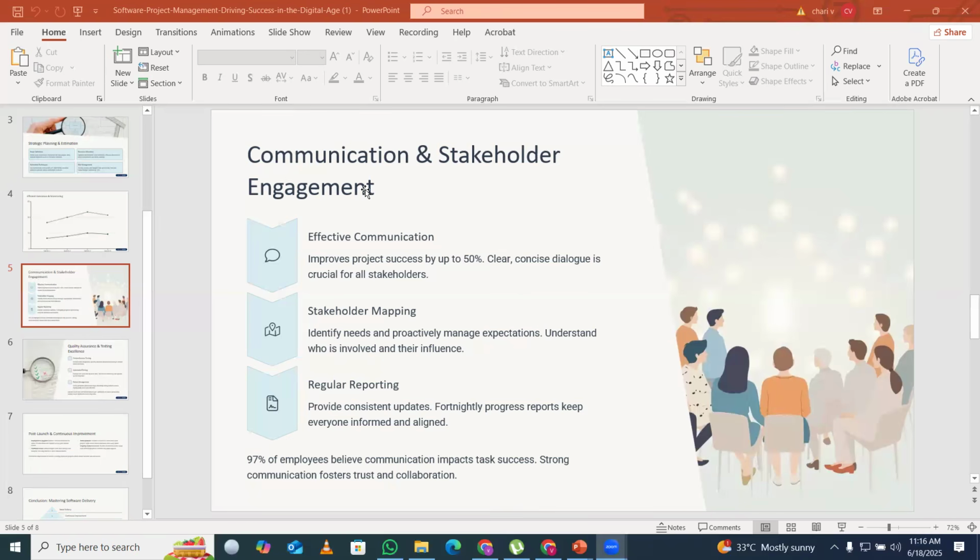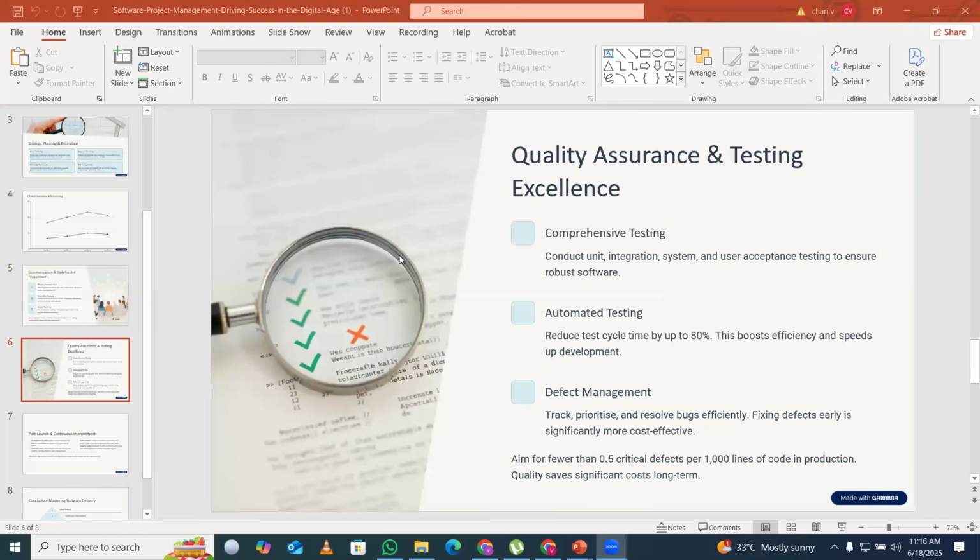And we have regular reporting, like the updates you're going to do day by day and the things you're going to perform. We need to have a clear report of the things, which may not lead to the failure of the project. These are the things that we are going to have in communication and stakeholder engagement.